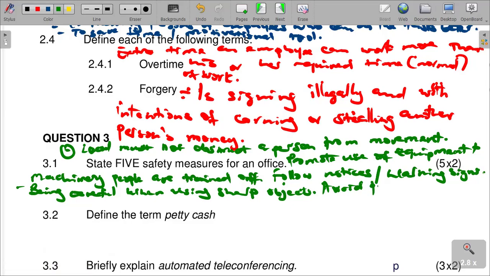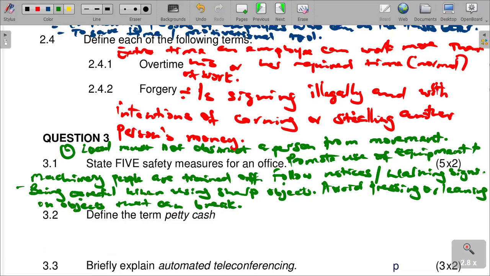Avoid pressing or leaning on objects that can break. That is also one other safety requirement that we need to talk about.